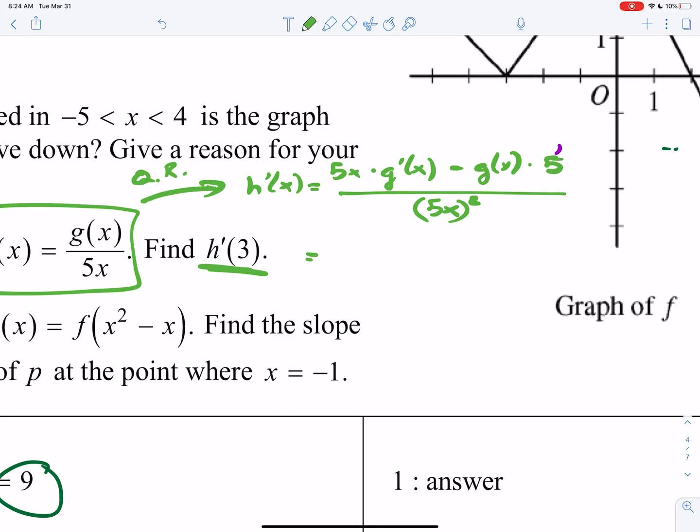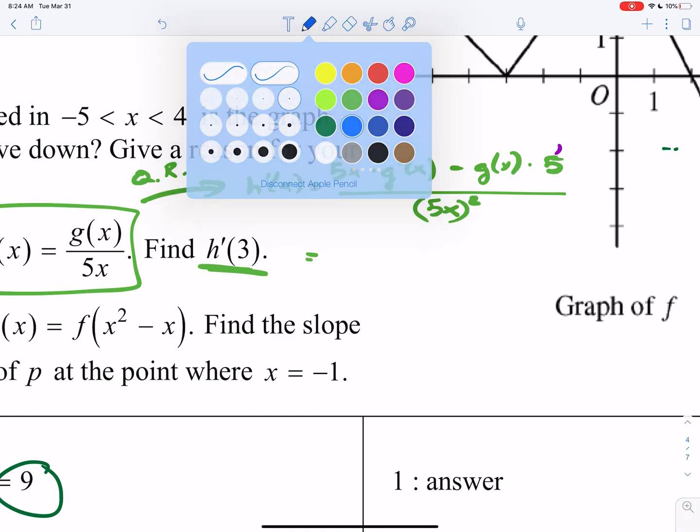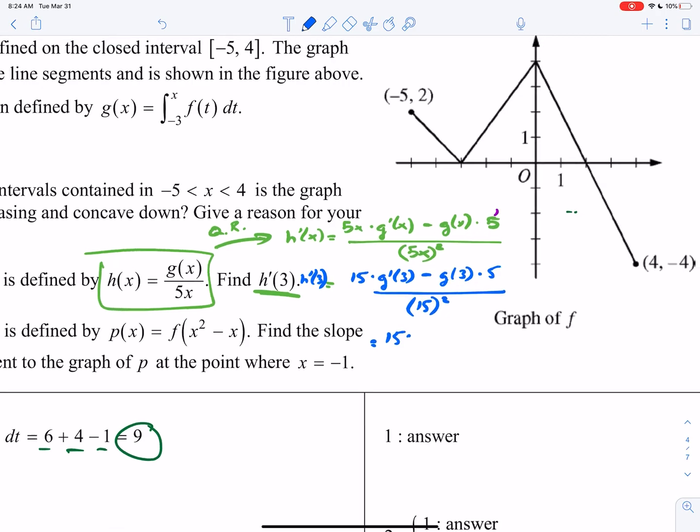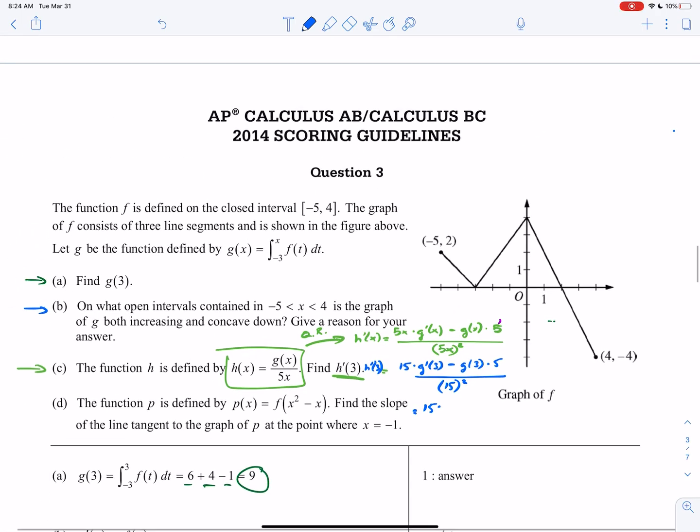So if you guys just plug in 3, that'll be 5 times 3, which is 15. Or you could just write it out. g prime of 3 minus g of 3 times 5 all over 5 times 3 quantity squared, or 15 squared there, okay? So the only thing left to do here is to figure out what g prime of 3 is and g of 3. g prime of 3, remember how we had g prime of x is equal to f of x.